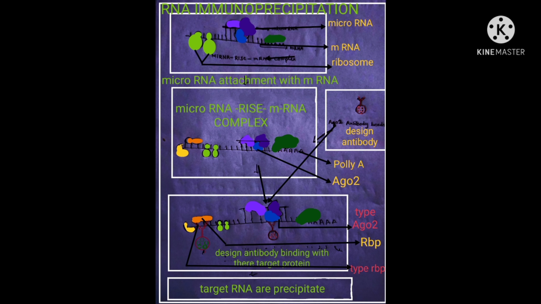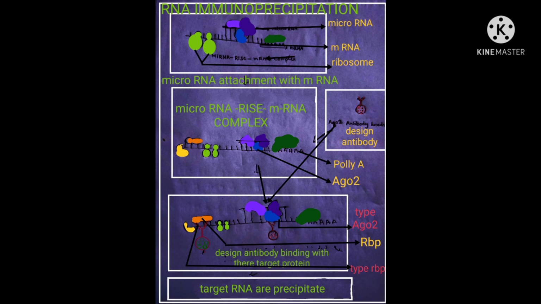Then this antibody and bead attach with each other, and this AGO2 antibody-bead complex binds to the AGO2 protein and precipitates this RNA.